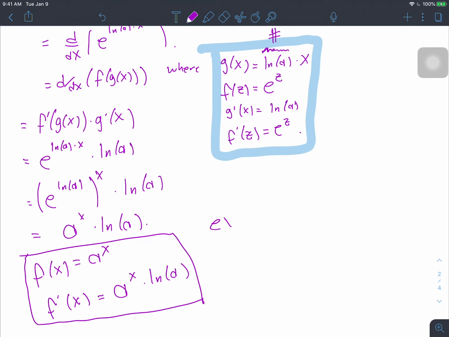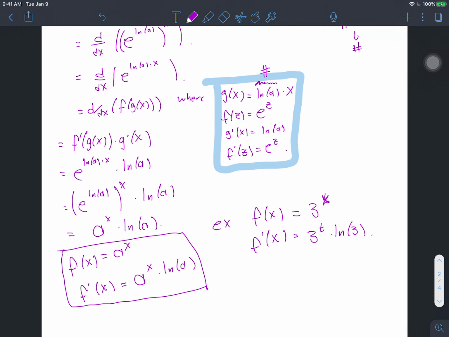So, for example, if f of x equals 3 to the power x, then f prime of x equals 3 to the power x times ln of 3. All right, that is the rule that we just learned.